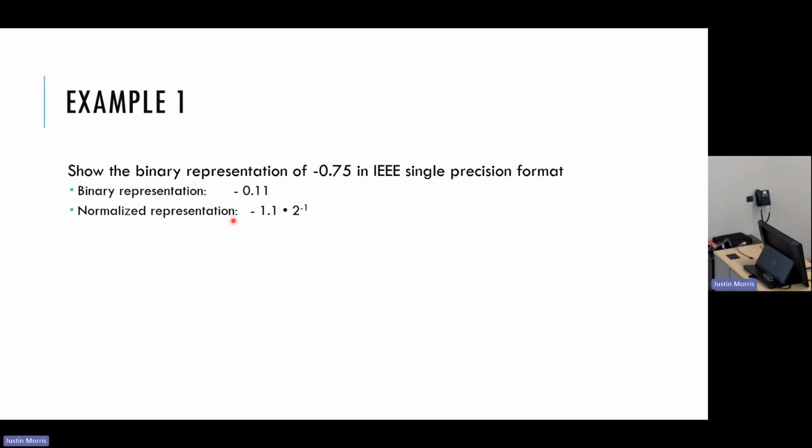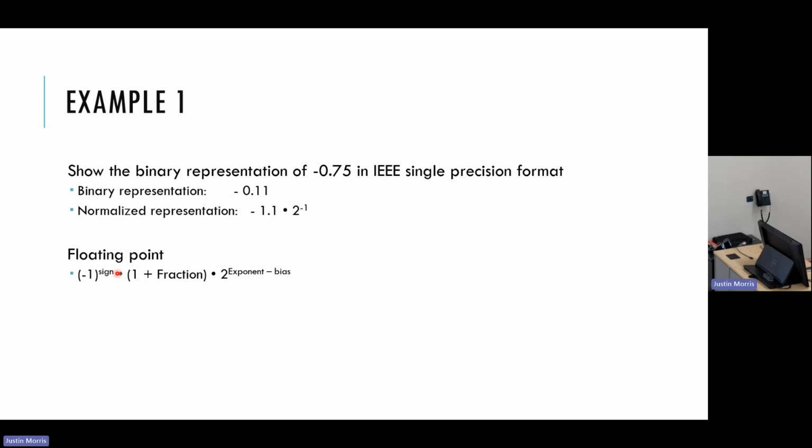So the normalized representation is negative 1.1 times 2 to the negative 1, because we always want to have this implied 1, and that means that we move the decimal point over by 1 to the left. That gives us the 0.11. And this is our floating point format.